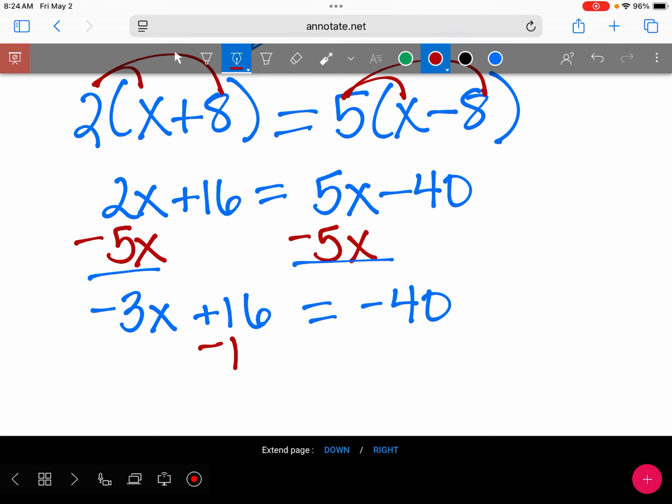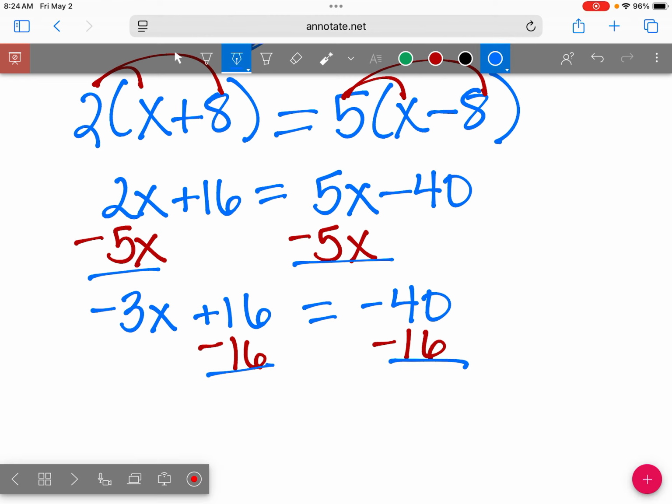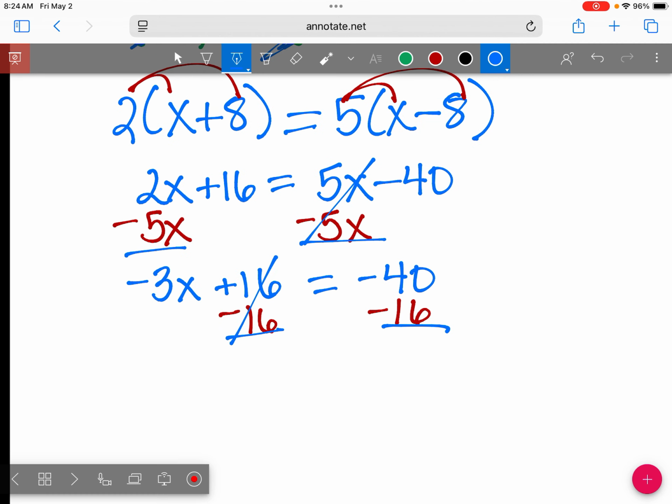And then I'm subtracting 16 from both sides. And that's going to give you negative 3x equals negative 56. And now go ahead and divide both sides by negative 3.